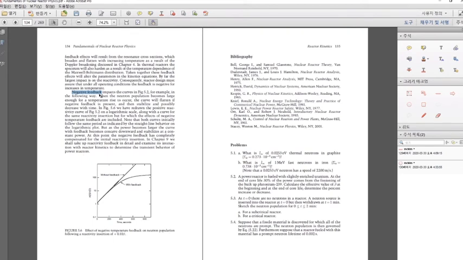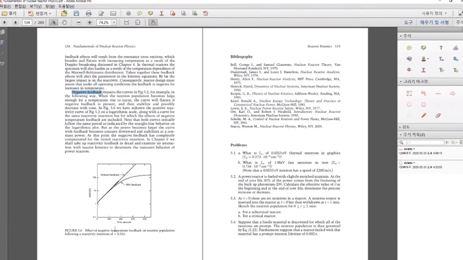If the coefficient is negative, then the feedback effect is negative. If it is positive, then the overall feedback effect provides a positive feedback to the reactor power as temperature increases. So we need to look at figure 5.6.